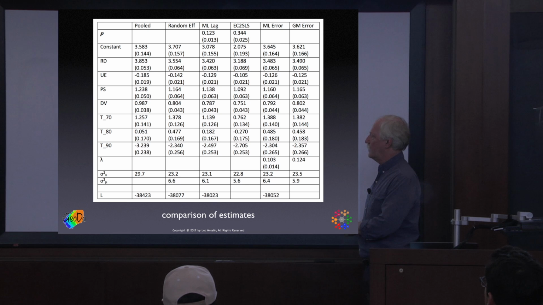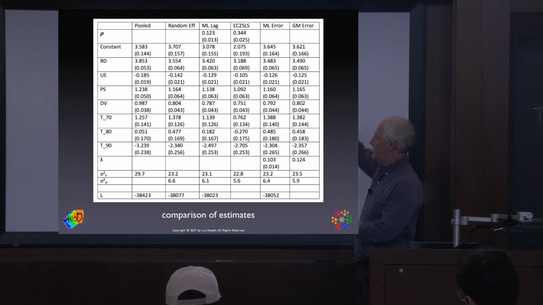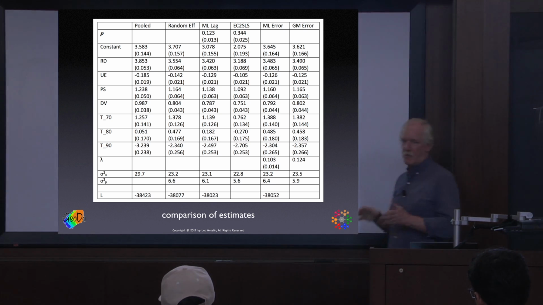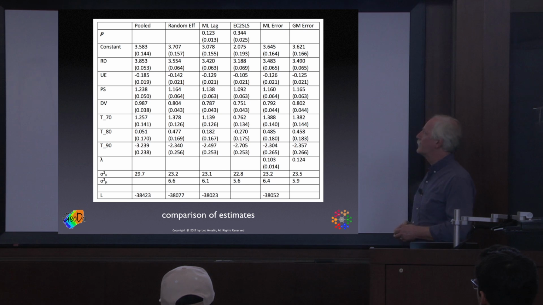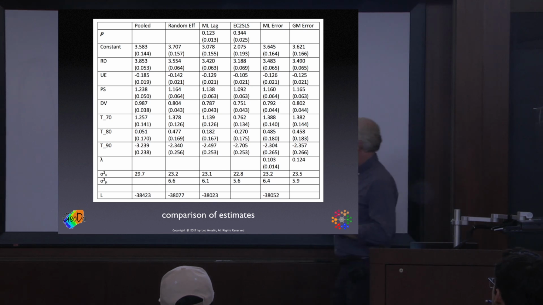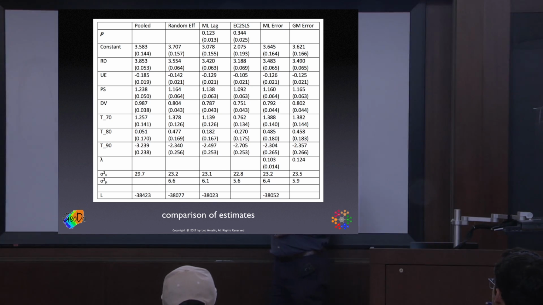So the pooled one is the one that we did the other day. We can do this in GeoDa, no spatial parameters and no variance components, just one variance, right? Say roughly 30. And so then the standard random effects, no spatial effects whatsoever. Again, if you add these up together, it's roughly 30.